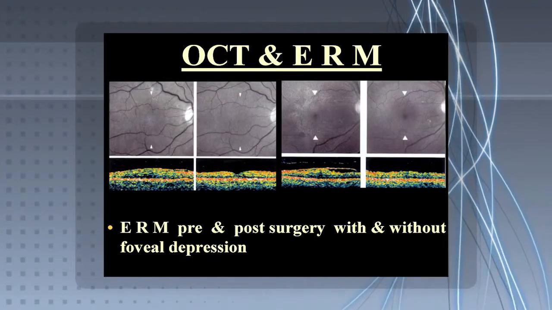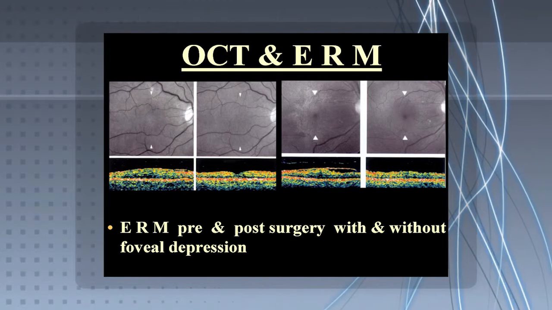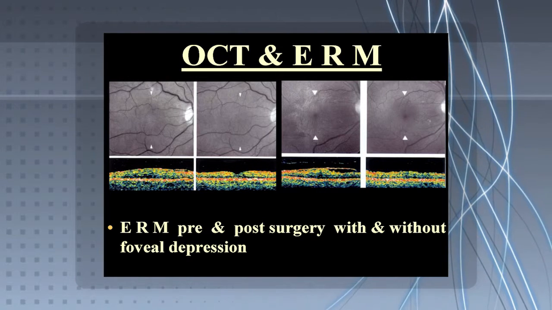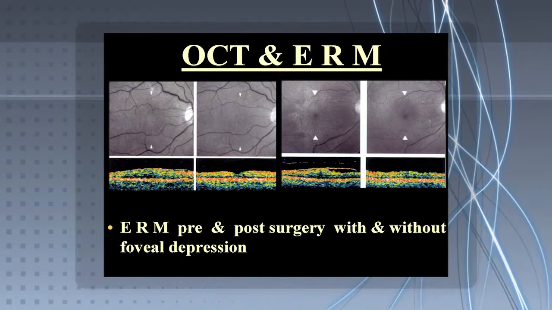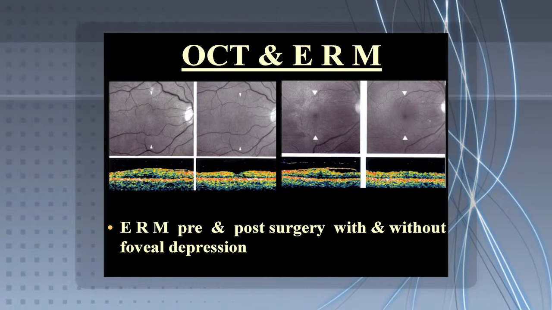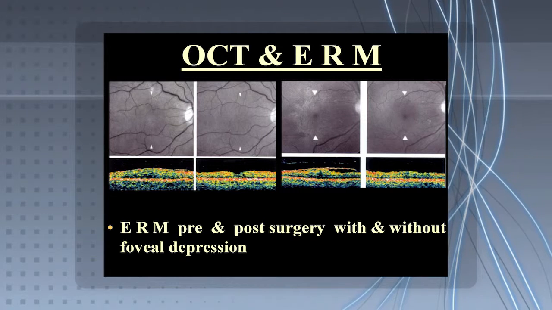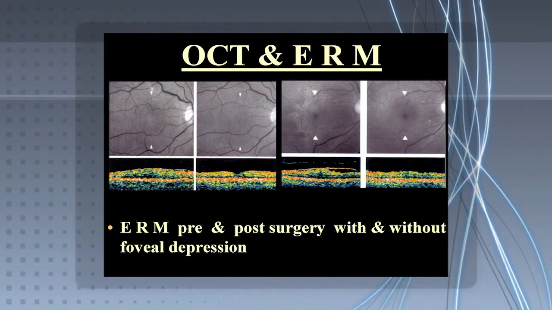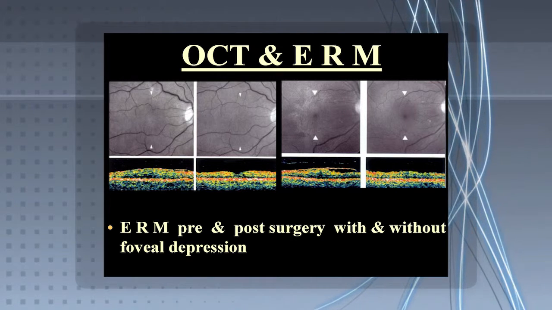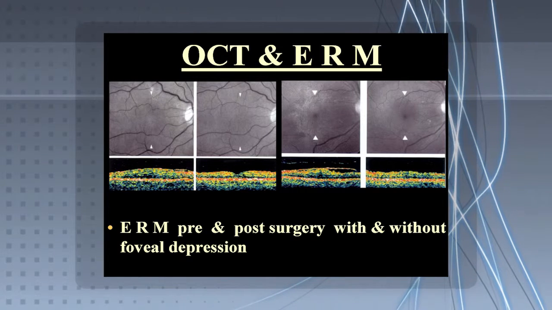This is an epiretinal membrane pre-surgery and post-surgery. So the OCT also plays a role in the judgment of the results of the surgery. Is it okay, or does it still need any intervention, like injecting the patients or anything? The first image, we see the epiretinal membrane. With post-surgery, we can see the presence of the foveal depression, which represents a very good surgical intervention for membrane peeling, and the macula returns to its normal position.